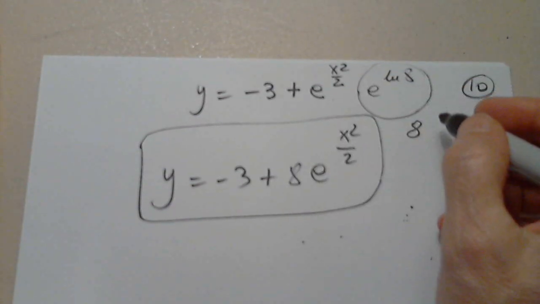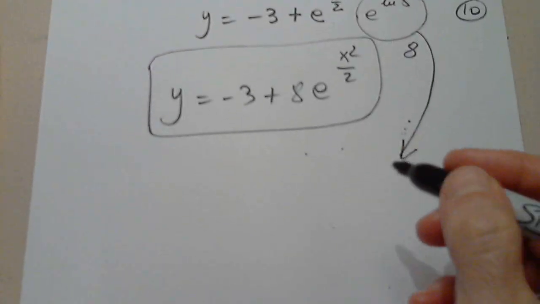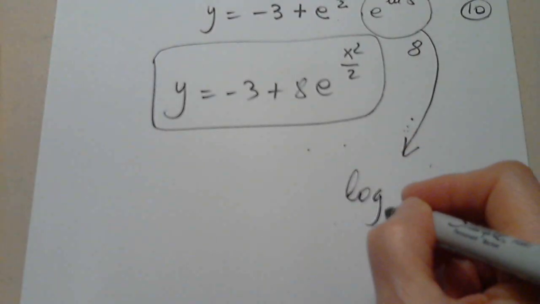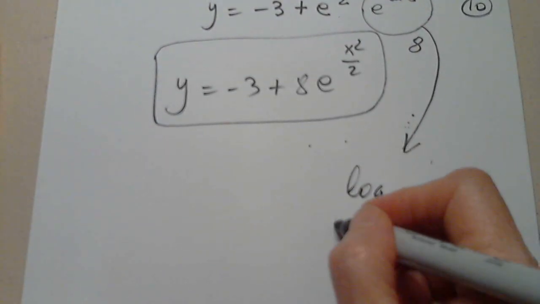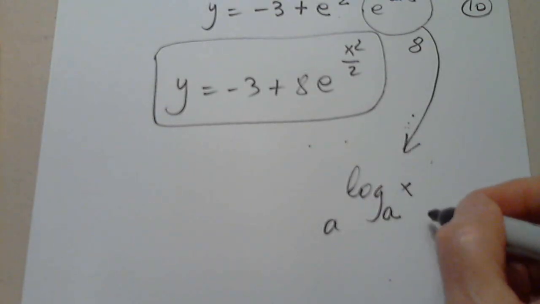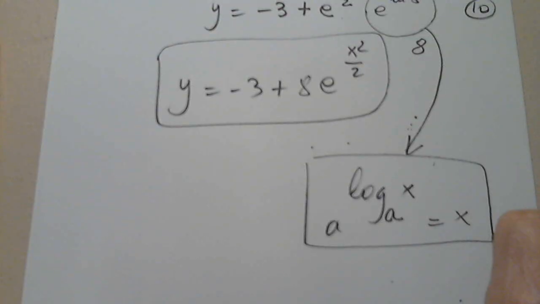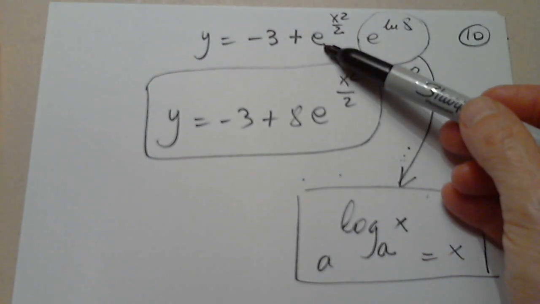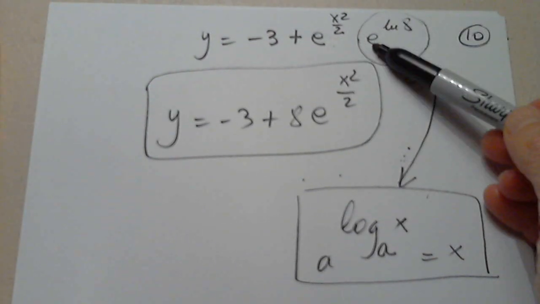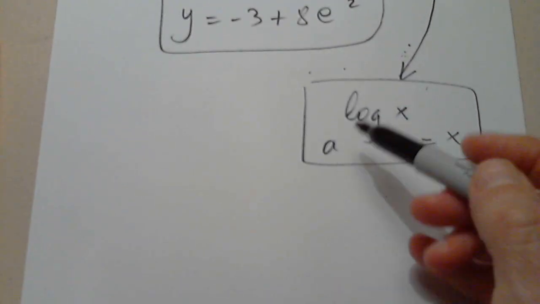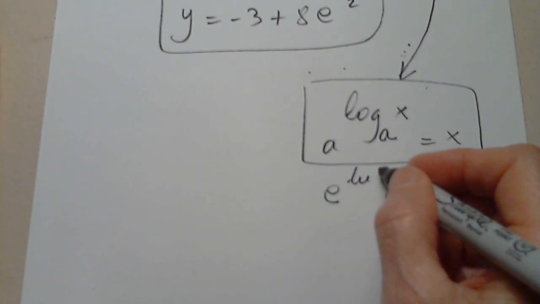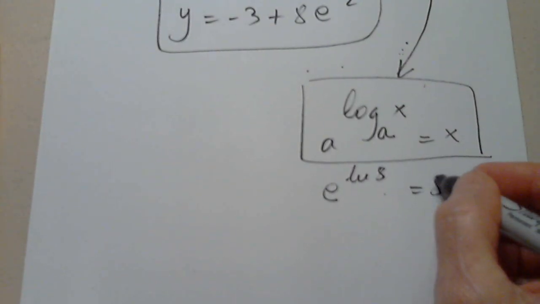Let me refresh your memory on this. This is another property. We discussed this. So a raised to log base a of x is x. So the base raised to natural log 8: the base is e, and e raised to natural log 8 is 8.